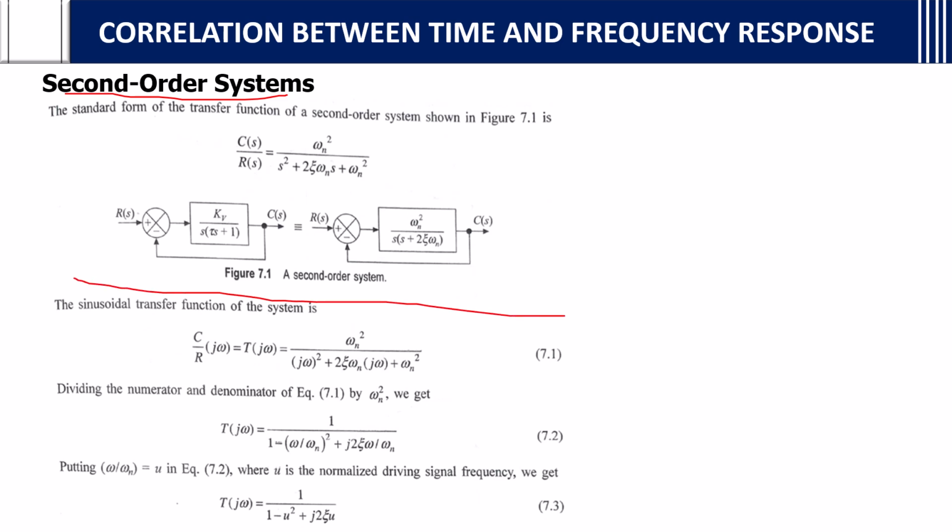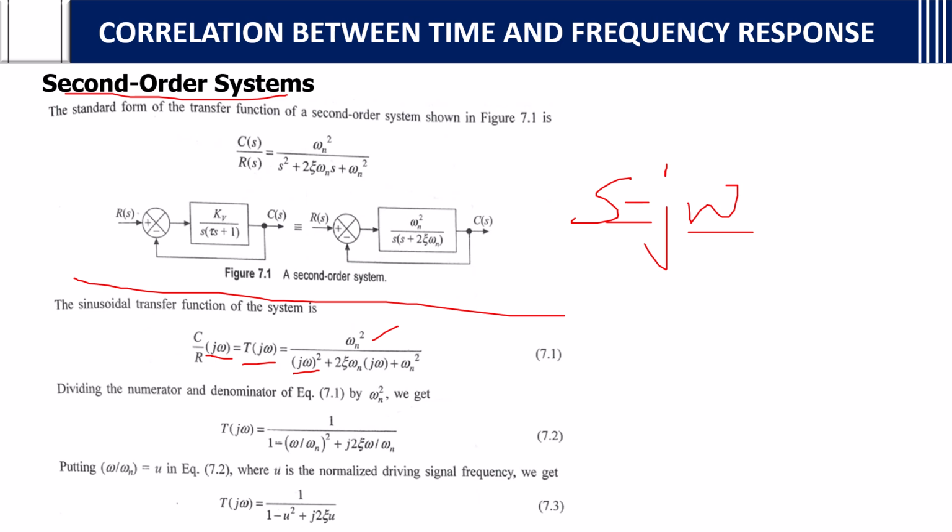Then the sinusoidal transfer function of the system. Sinusoidal means that in the place of s, you substitute j omega. So C by R of j omega is T of j omega, which is omega n square by (j omega) whole square plus 2 zeta omega n into j omega plus omega n square.